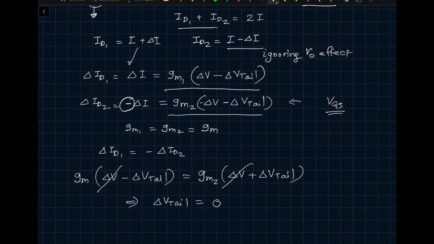You can clearly see now that the tail node doesn't move when you apply only a differential input. Let me be precise: if the common mode voltage is held constant on both sides, and you only apply a differential input, then the tail node, the common source node between the two transistors, doesn't move. That's what this is telling us.